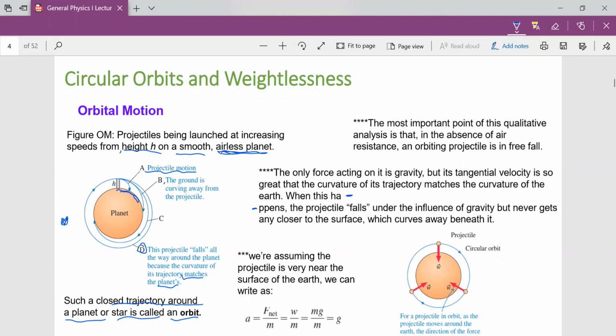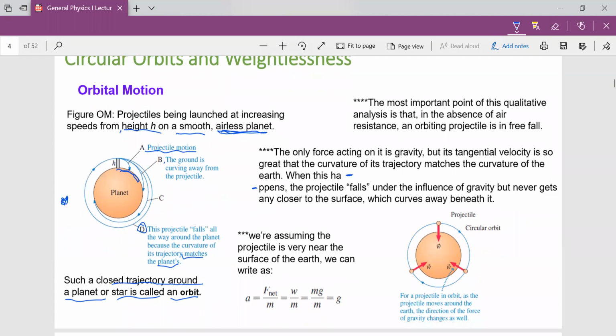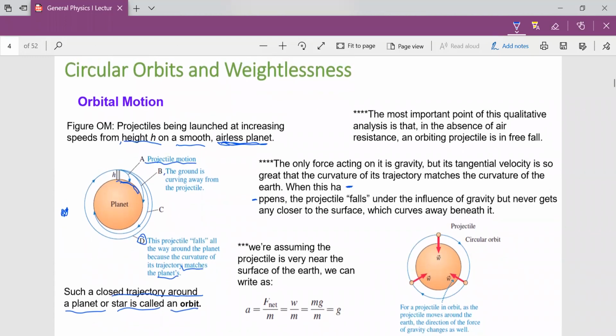So whenever you want to picture the concept of orbit, picture it in direct connection with your understanding of projectile motion. The most important point of this qualitative analysis is that, in the absence of air resistance, the orbiting projectile is in free fall. So the description of its motion is free fall, and all the laws that we've studied about free fall apply in this case.